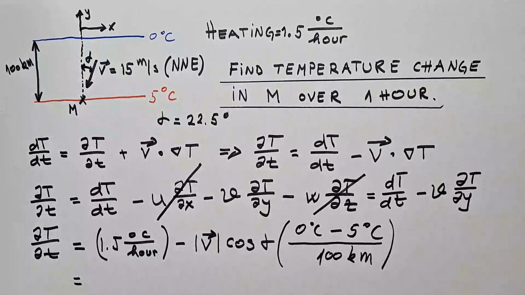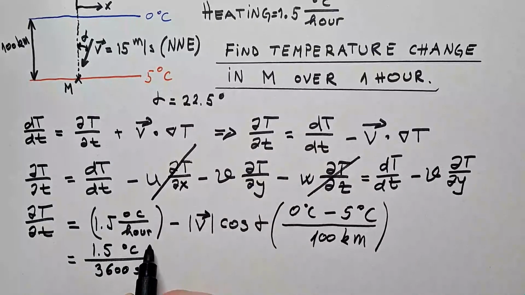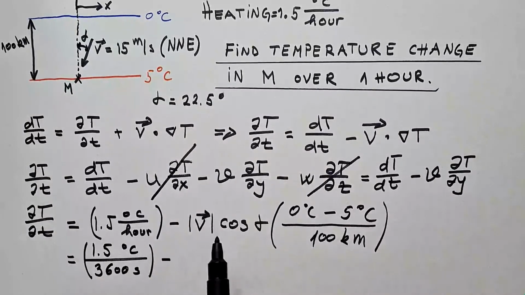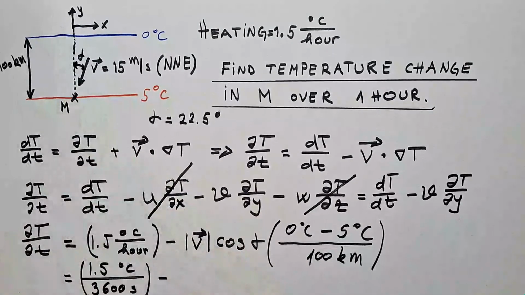And this is further equal. Let's transform kilometers and hours into meters and seconds respectively. So we get here 1.5 degrees Celsius over 1 hour, which is 3,600 seconds, minus, but notice that the v component is going in the opposite direction of positive y.